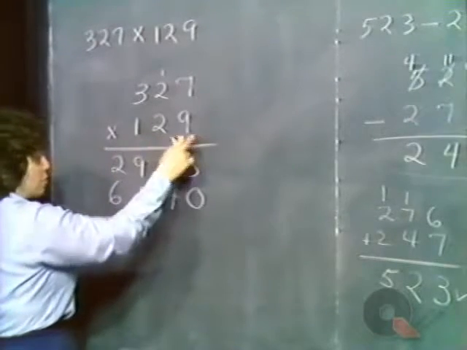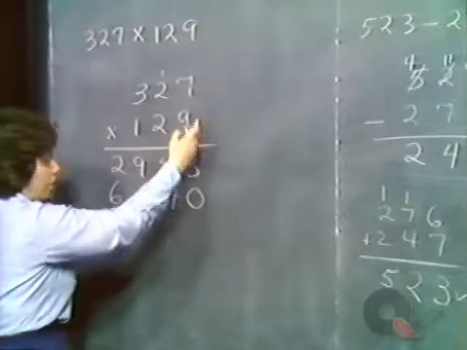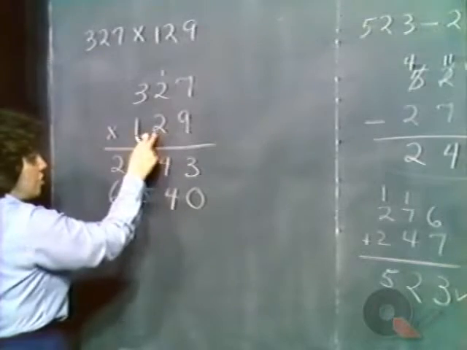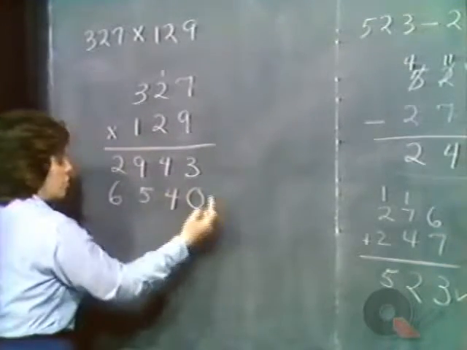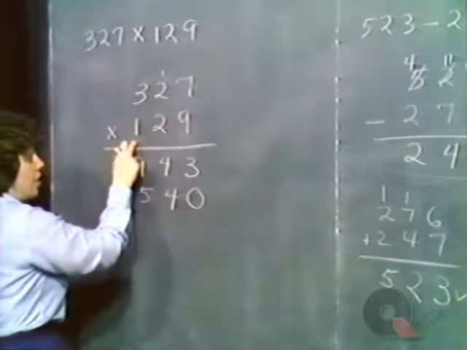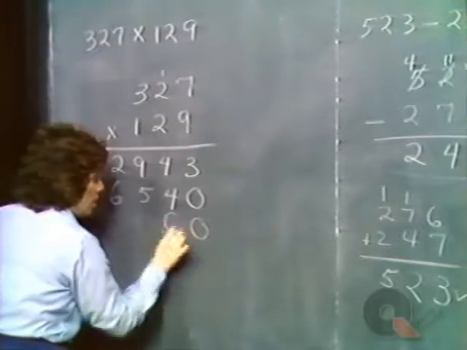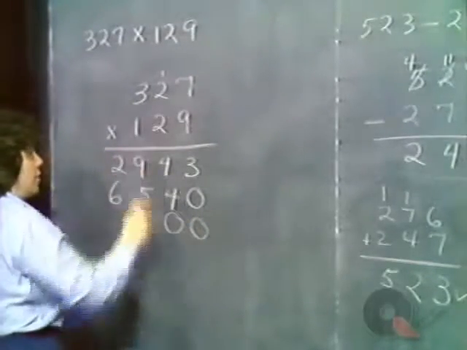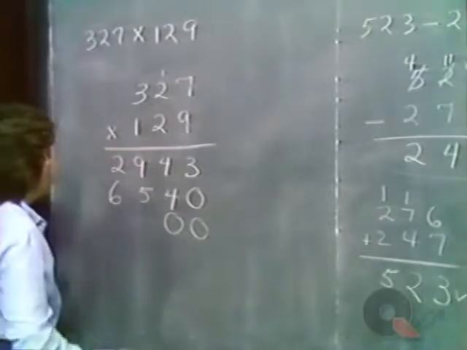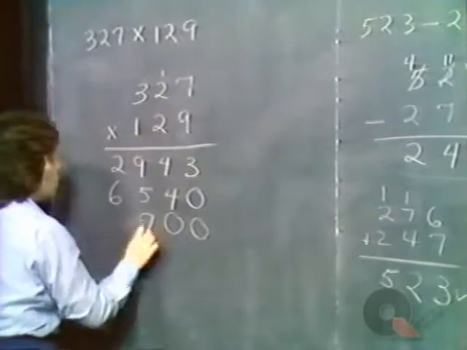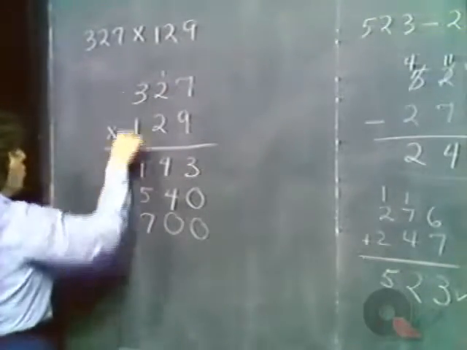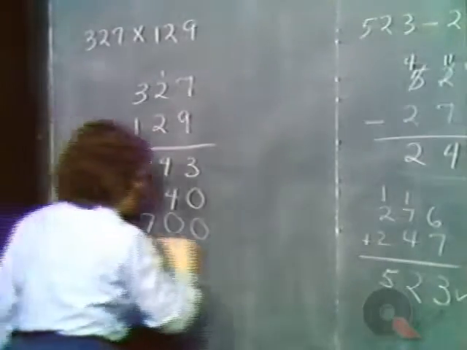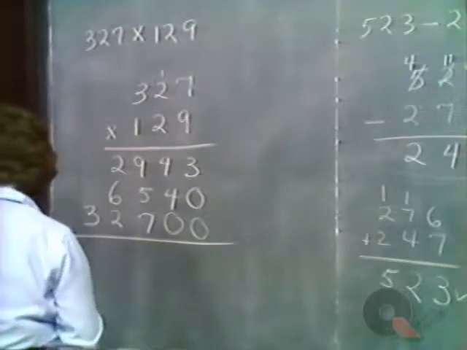When you started the first line, you started on the right. The second digit, you put a 0 in and you started 1 over. For the third digit here, put 2 zeros in, and then write the answer, 327 times 1. So 1 times 7, 1 times 2, 1 times 3. And then add it up.